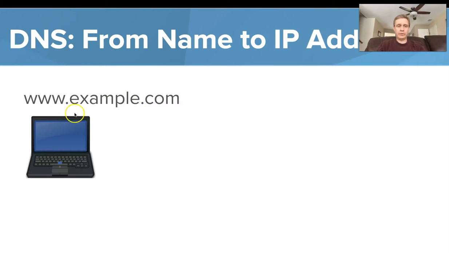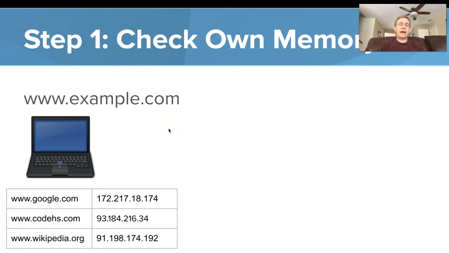I'll use this particular domain name here to show you how that actually occurs on your computer. The first thing that happens is that when you type in this particular website, your computer will check its own memory to see if it already knows the IP address because you searched for this website before. So if in previous searches you've looked up these particular websites, your computer already knows those IP addresses, and therefore it wouldn't have to go through this whole process I'm going to show you.